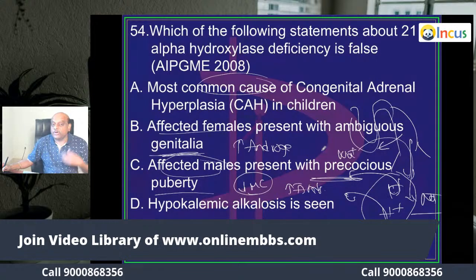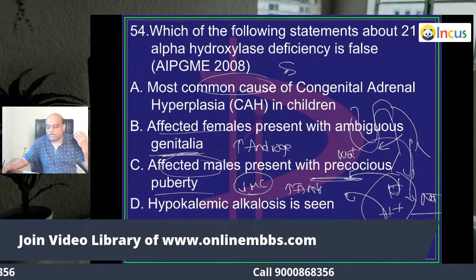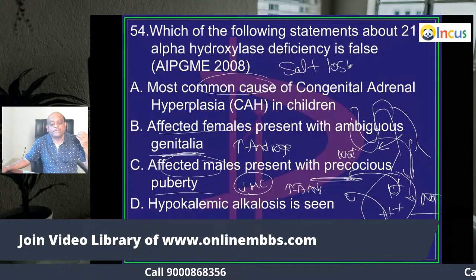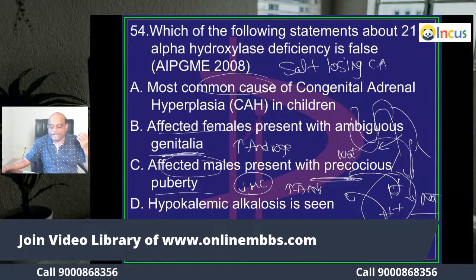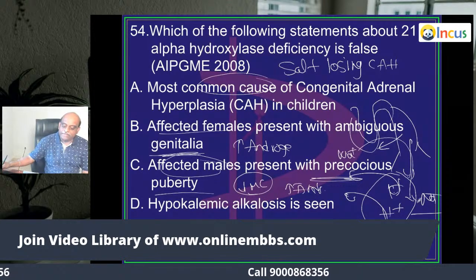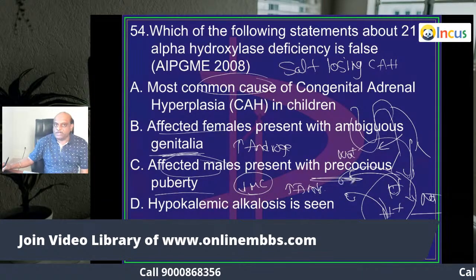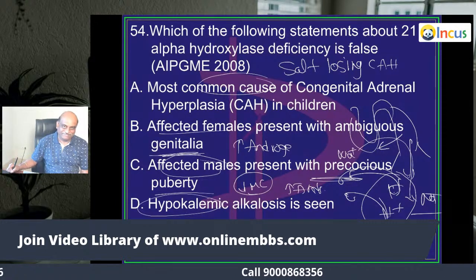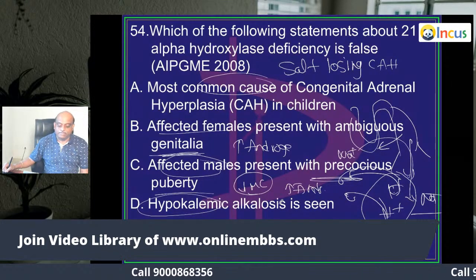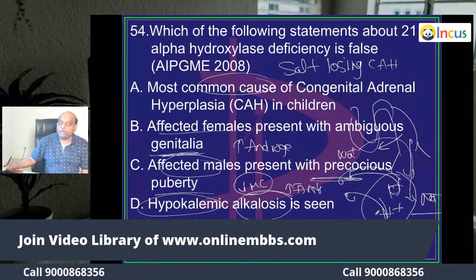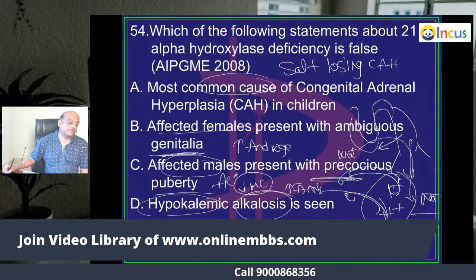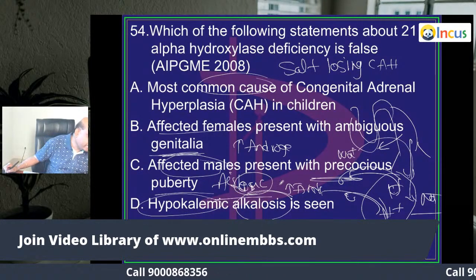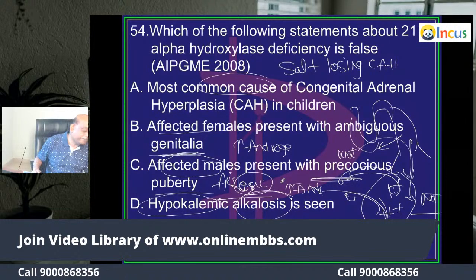That is the reason 21 alpha hydroxylase deficiency is called salt-losing CAH. In them, the excess potassium retention leads to hyperkalemia, not alkalosis. H plus ion retention leads to acidosis. That is what you need to remember.